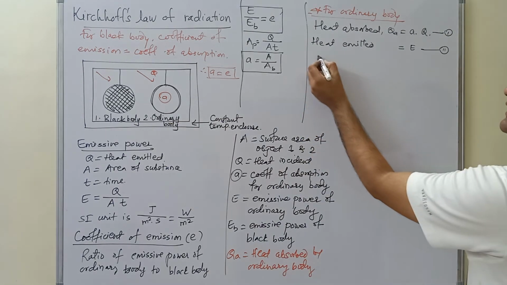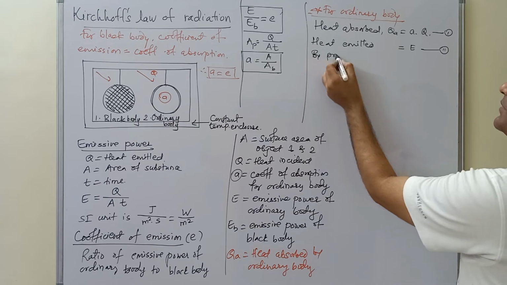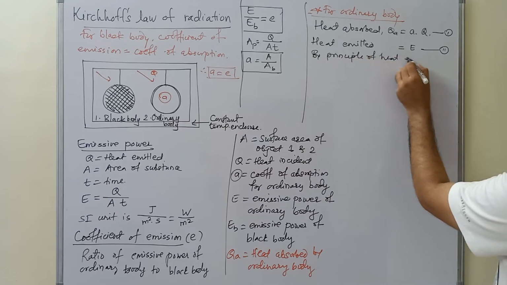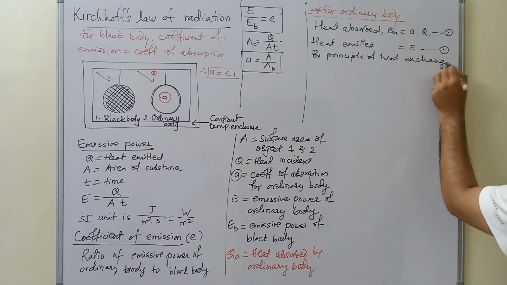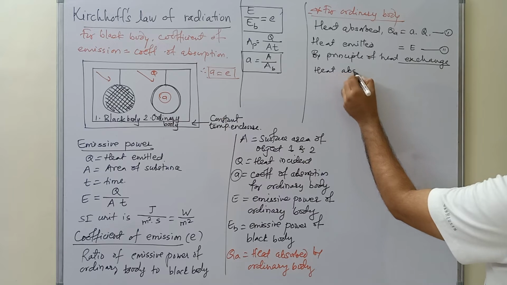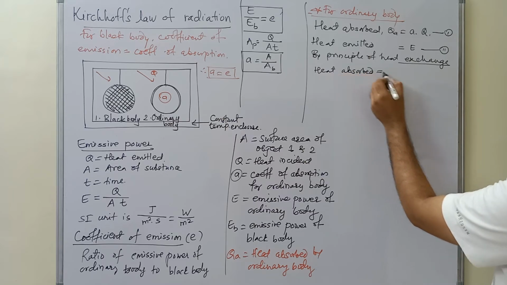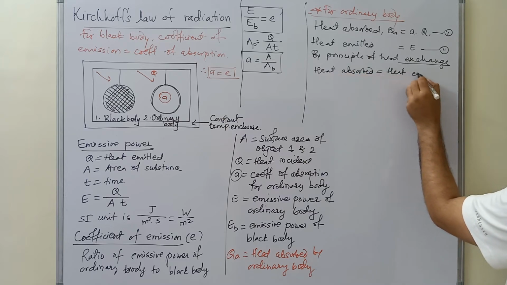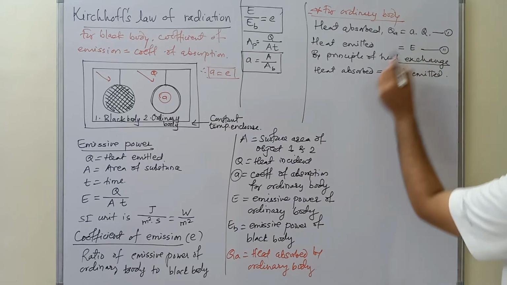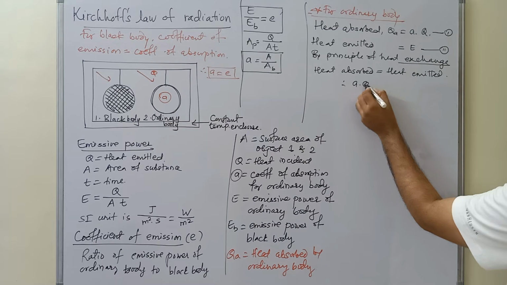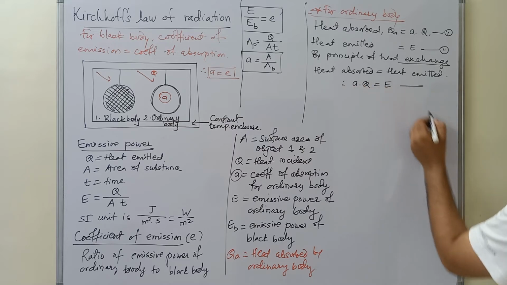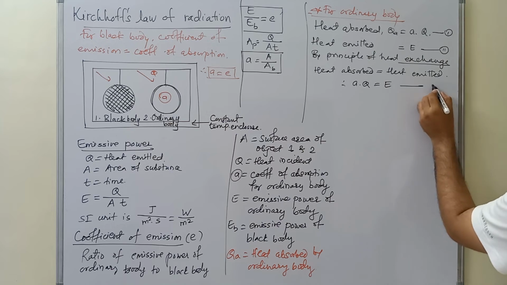By the principle of heat exchange, heat absorbed by the ordinary body is always equal to heat emitted. Just put the values. Therefore, a into Q is equal to E. So this is equation number A.